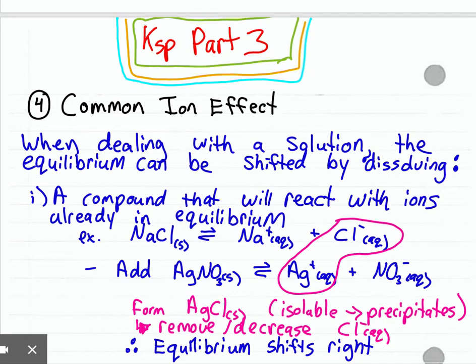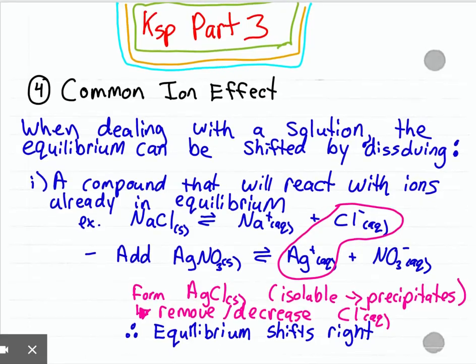So this is when we are dealing with a solution, and we are applying Le Chatelier's principle. The common ion effect is when the equilibrium of a solution is shifted. There are two different ways that the equilibrium can shift, and we'll look at both of them.